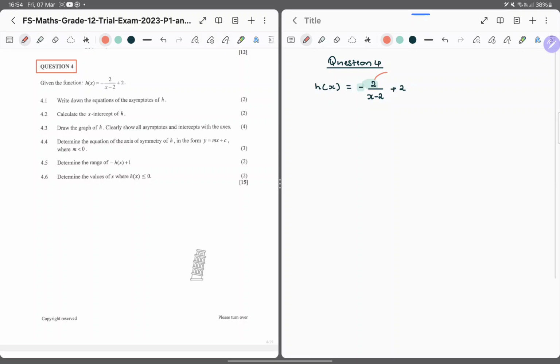And obviously this already tells us that our a value is less than 0, and that implies our graph is going to appear in the second and fourth quadrants.